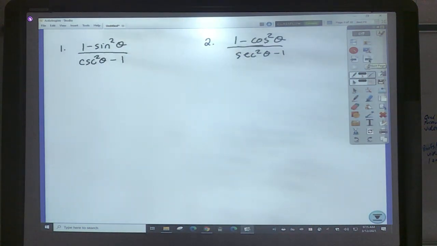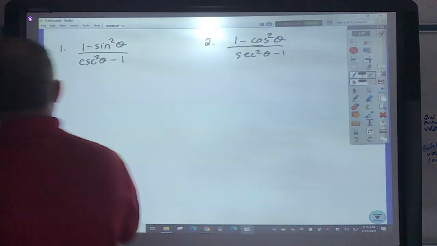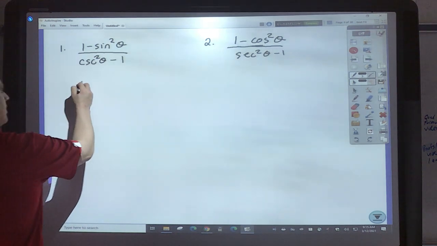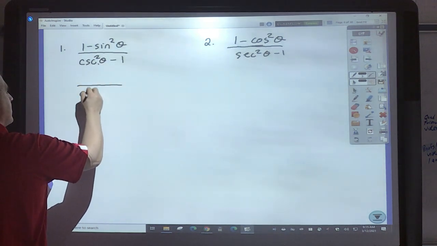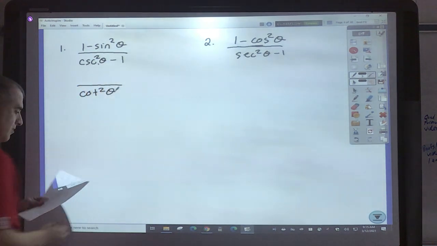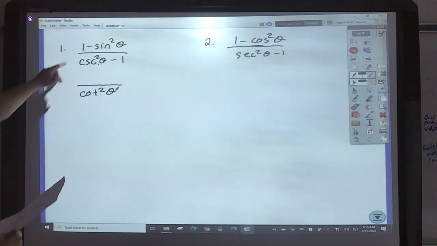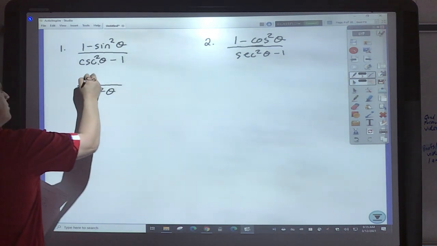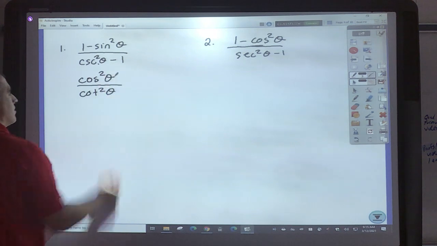Let's talk about these. You already see something squared here, so see if you have an identity. Well, this identity actually matches up with cotangent squared. If you look at your identity sheet, this one matches up with cosine squared.